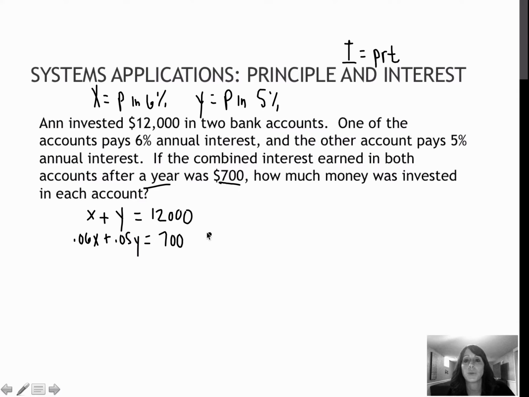Again, you choose which method you like best. I'm going to choose to call this equation x equals 12,000 minus y. Several ways to solve this. You should get the same answer even if you choose to solve it in a different way. That gives me 0.06, and instead of x, I have 12,000 minus y.